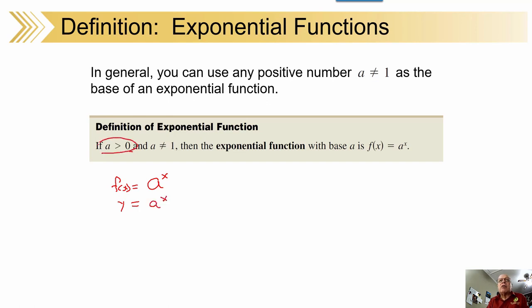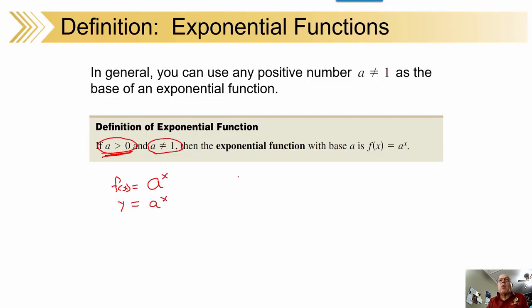We're not going to use a 0 because that would be pretty silly, and 1 would be pretty silly as well. And in fact, we're going to use positive a's because very strange things happen if you try to use a negative number where that base is.